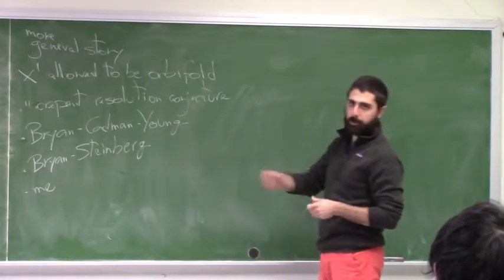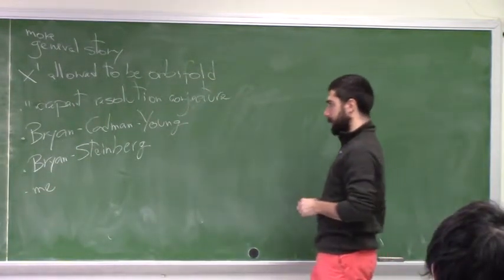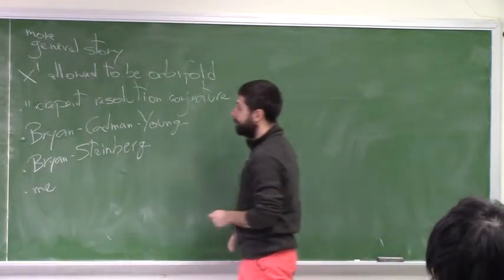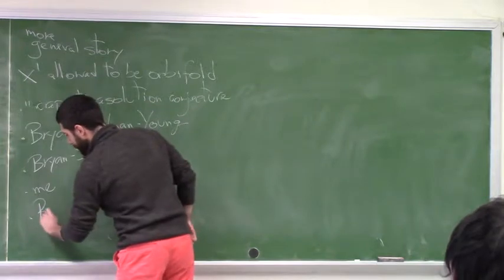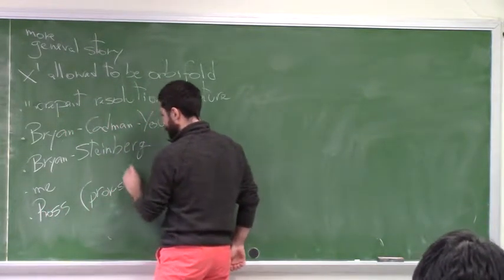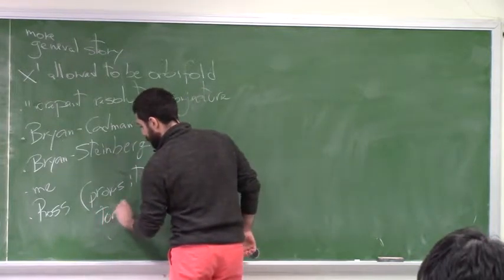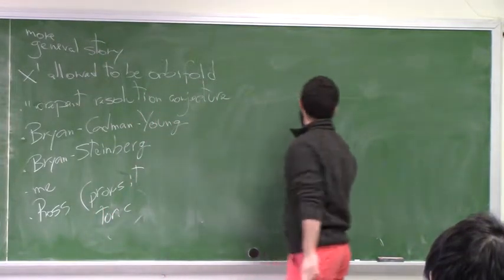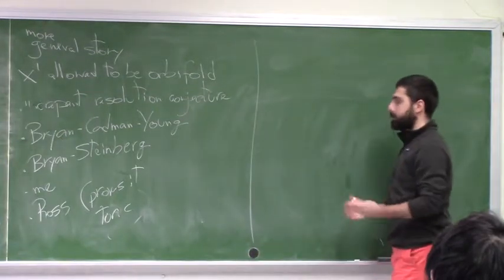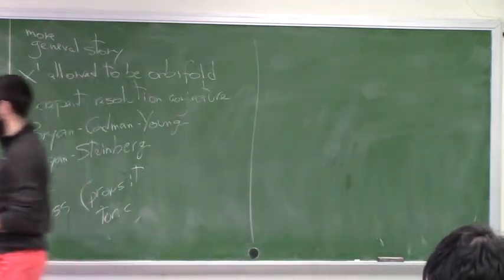At some point I thought I had proved this conjecture, and I was really happy, and it turns out that I hadn't proved it. So I was super sad. Then there's a paper by Dusty Ross, which proves it in the toric case. The proof is combinatorial, so if you're like me, you don't feel like this is the correct proof, but it is a proof, so it's really cool.